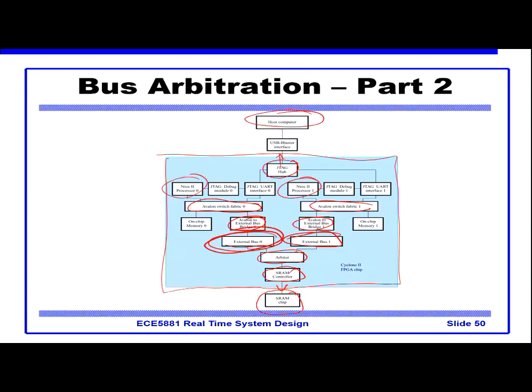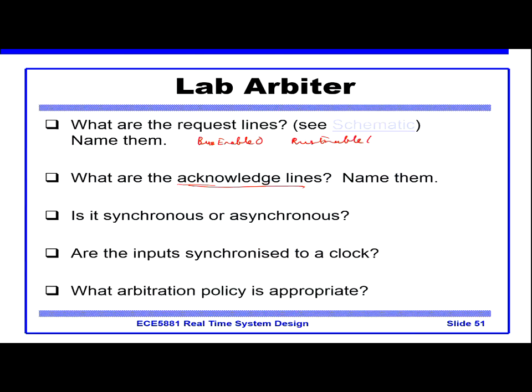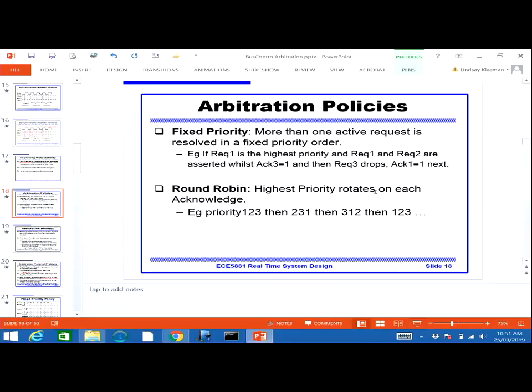Again, it's the same as what you've been using. No, we've done the bus enable, that's the request. Acknowledge 0 and acknowledge 1, is that correct? Who thinks that's wrong? Excellent. You're right. Acknowledge 0 and 1.